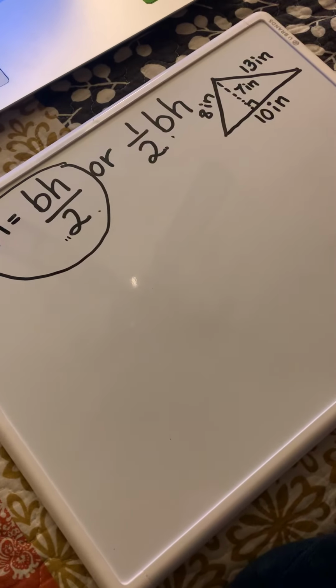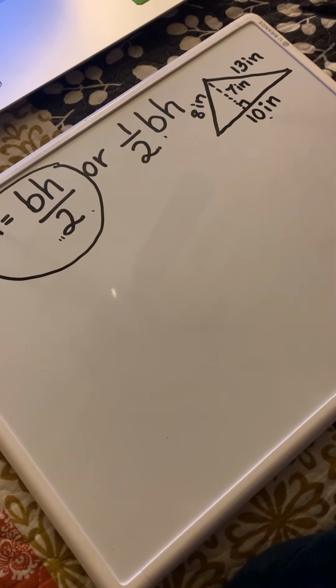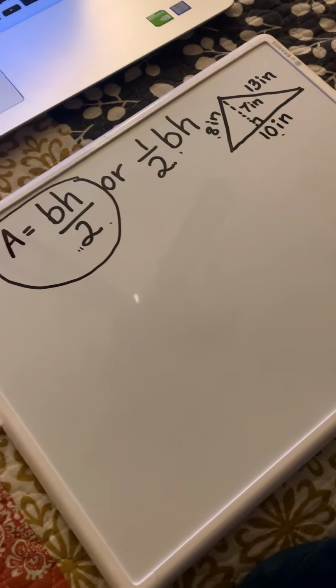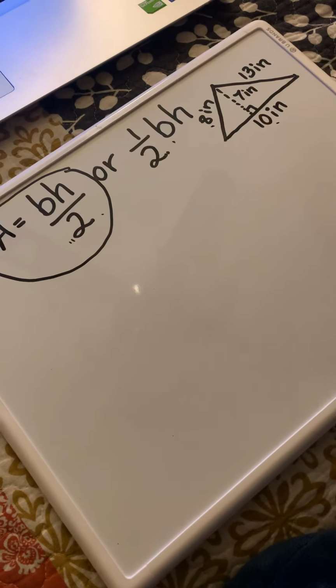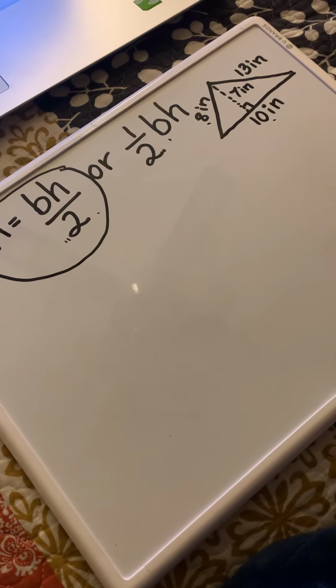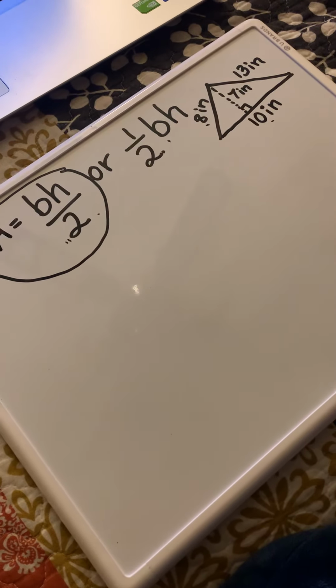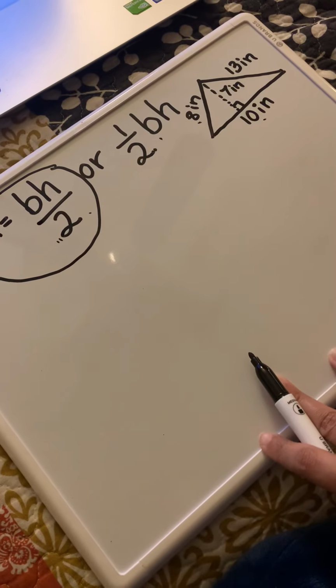In this case, you see 4 pieces of information: 10 inches, 7 inches, 8 inches, and 13 inches. That doesn't mean I have to use all of these numbers. To find the area, all you will need is the base and the height, similar to a parallelogram.